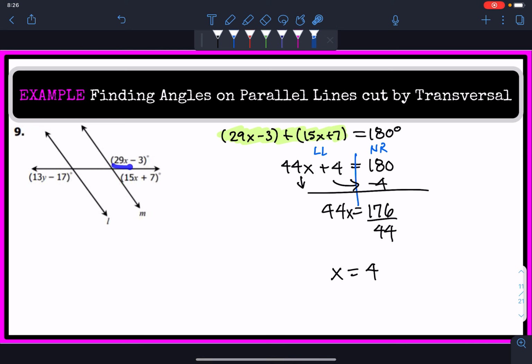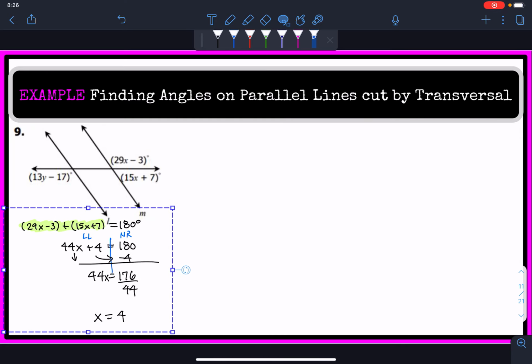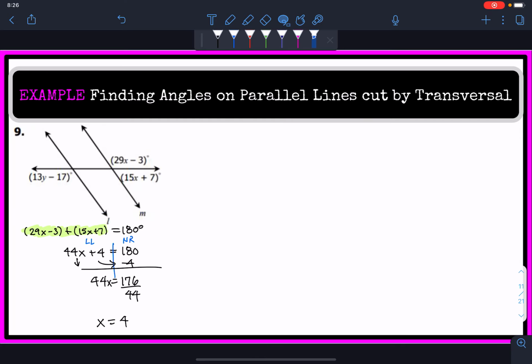But I don't want to use this expression. What I want to do instead is plug in this number 4, into 29x minus 3, and figure out what the angle measurement is going to be.